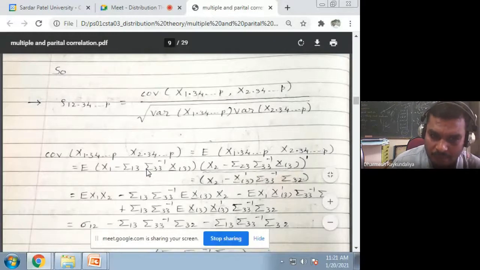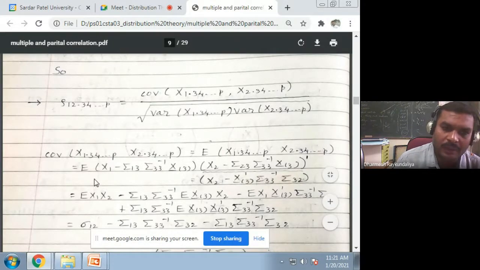Now I will simply multiply this with this bracket and then apply the expectation. So x1 multiplied by x2, and applying expectation, that is the expectation of x1 x2. Now x1 multiplied by x3 transpose. This part is constant. What is the expectation of x1 x3 transpose? We denote it as sigma 1,3.